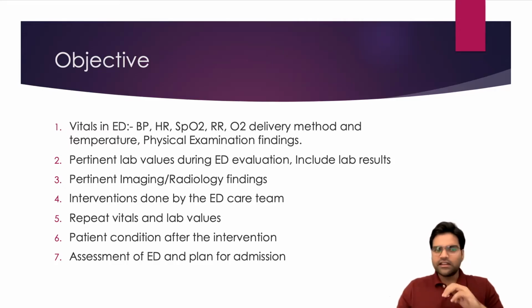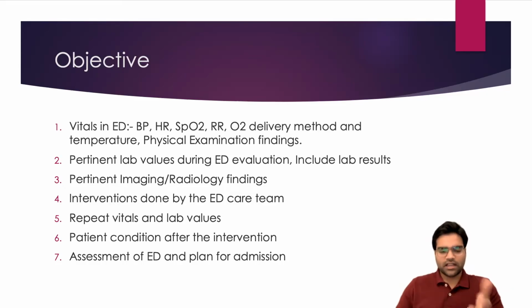And then the interventions that the ED doctor or the ED care team did. If the patient came with hyperkalemia, the treatment of hyperkalemia in an emergency setting is that you have to give the person insulin, and if the person's glucose is low, then also dextrose, and some potassium binders by mouth if he or she can take them, and short-acting beta agonists, also SABAs.